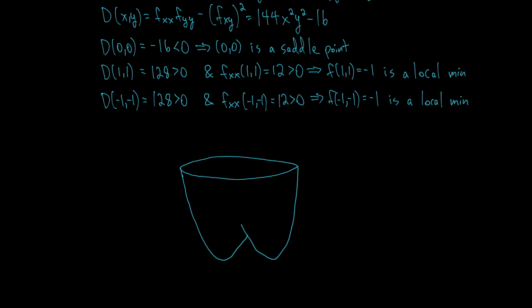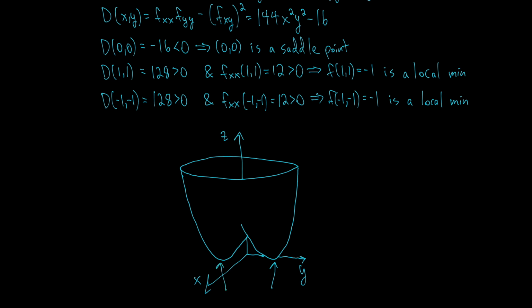And maybe I'll throw in a z-axis and a y-axis. And x. So it looks like kind of a pair of pants, or maybe Patrick Star's feet. But in any case, here are our local minimums.